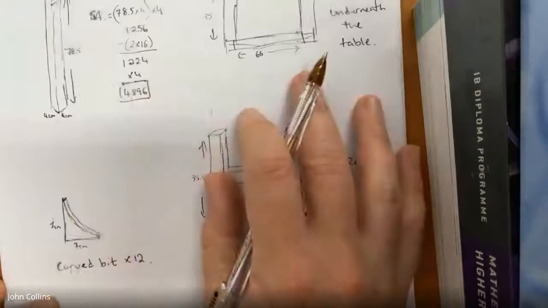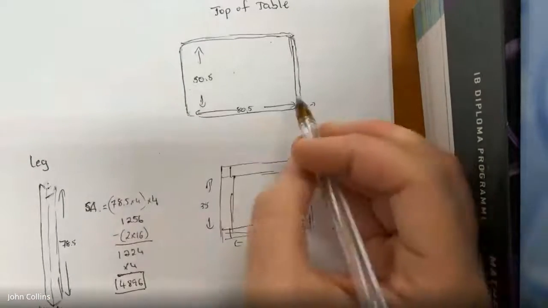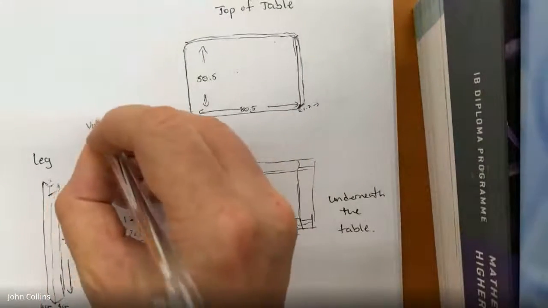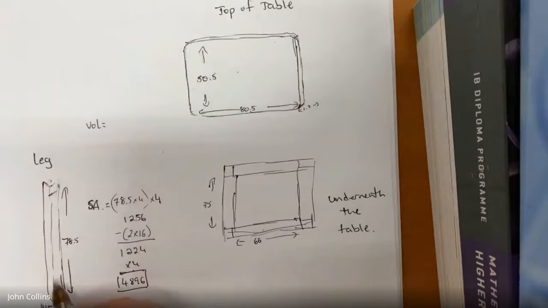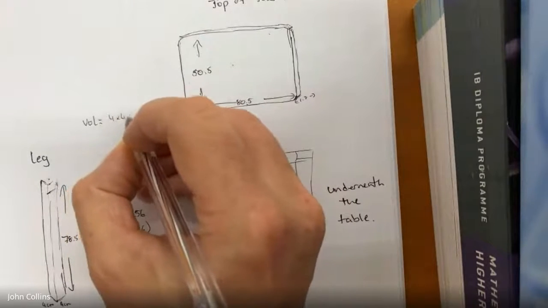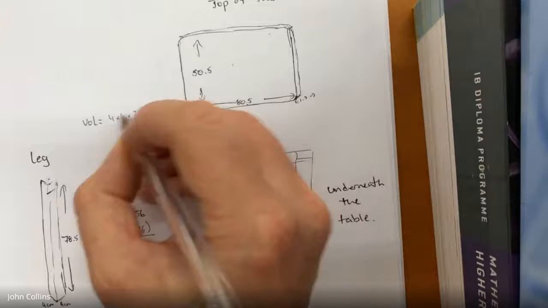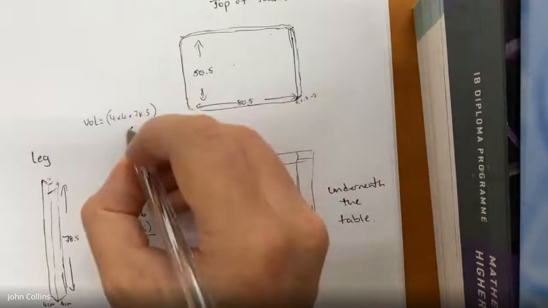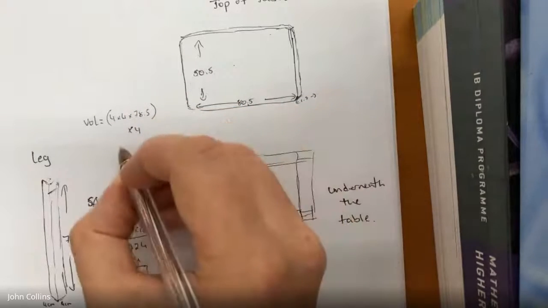So that's the surface area of one. The volume of the leg then would be 4 times 4 times 78.5. And then there's 4 of those legs, so I multiplied it by 4.